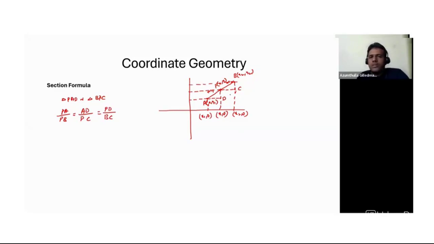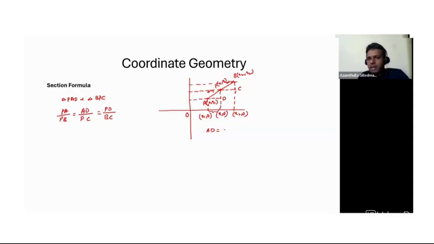Now, what are these sides? AD. So what is AD? AD means this distance. If I want this distance, this total distance is x, and this distance is x1. So x minus x1, I'll get this distance.